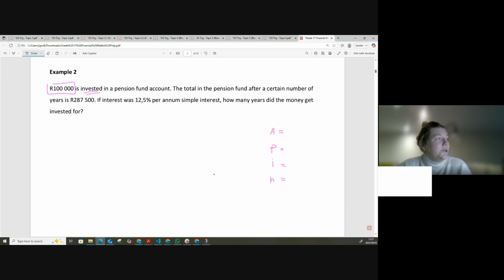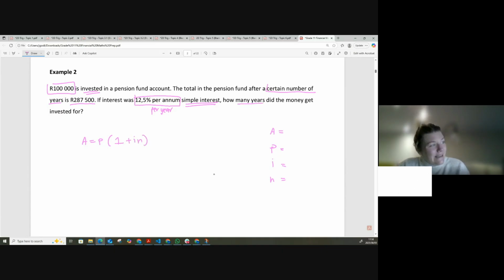The total in the pension fund after a certain number of years is 287,500 Rand. The interest was 12.5% per annum. So that's per year. Simple interest. So we know we're dealing with simple interest. So we're going to write down our simple interest formula.